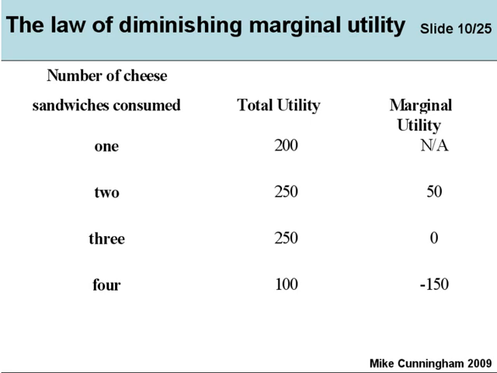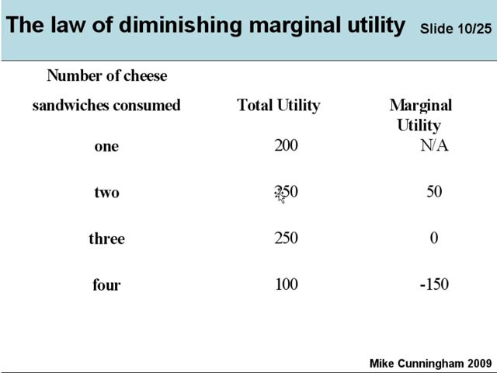In other words, let me just put the cursor onto the page. Here you go. Now, total utility is now 250. So the marginal utility, the change in the total utility, because of the second unit, is 50. So the second sandwich has given you 50 units of utility, 50 utils, U-T-I-L-S, utils. The first sandwich gave you 200, the second one only gave you 50.